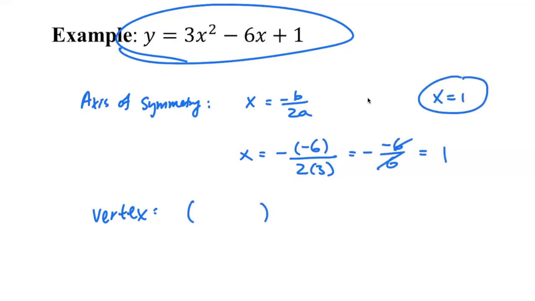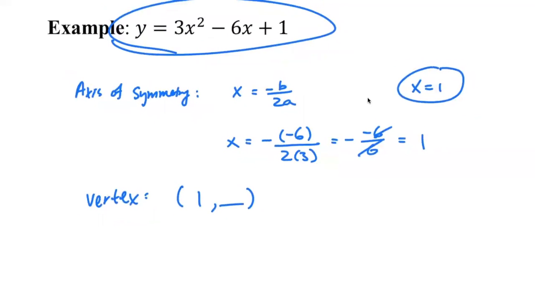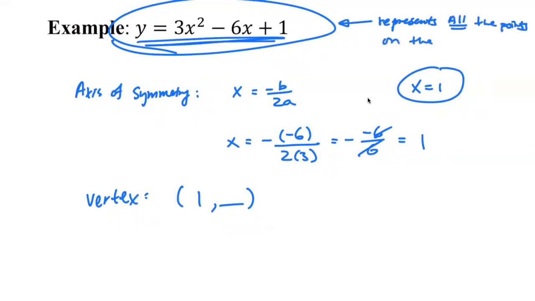And that immediately tells us the x value of the vertex. But what about the y value? Well, here's the thing. Whenever you have an equation, keep this in mind, it will benefit you for a long, long time. Whenever you have an equation with all these x and y, it represents all the points on the curve, on the graph.